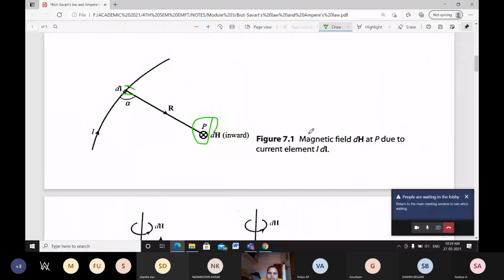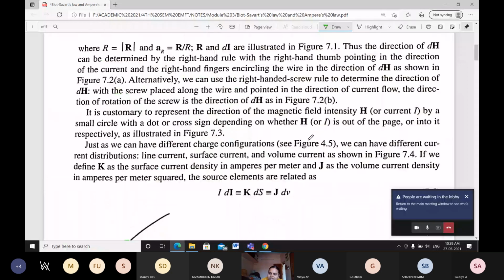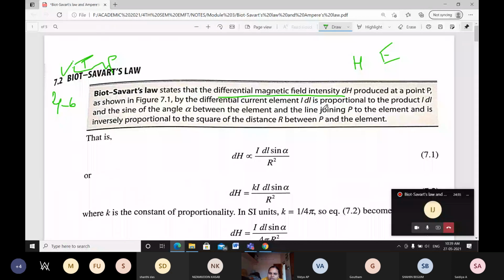The differential magnetic field is proportional to the product of I dL and the sine of the angle alpha between the element and the line joining P to the element. Observe this line joining P, and the angle it makes is taken as alpha, that is sine alpha.